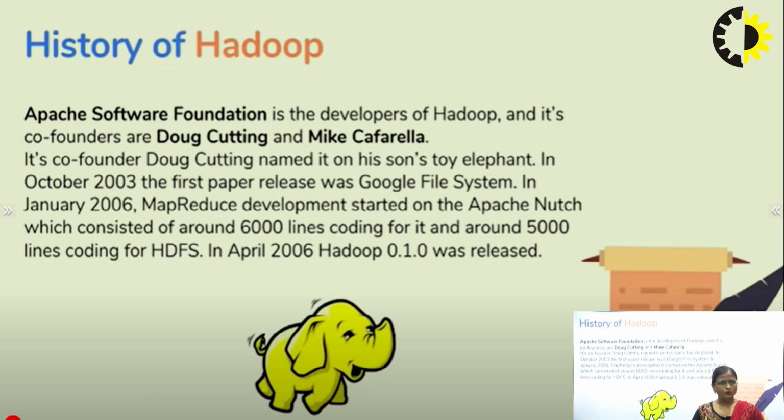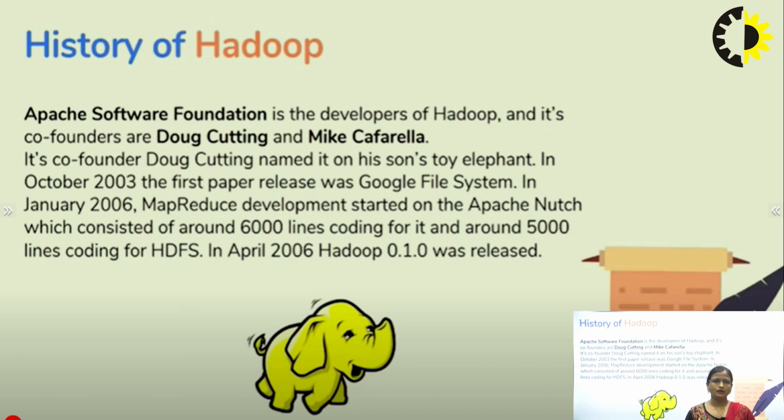And in October 2003, the first paper released was GFS. In 2006, MapReduce development started on Apache Nutch, which consisted of around 6,000 lines of code for it and around 5,000 lines of code for HDFS. And in April 2006, Hadoop was released.